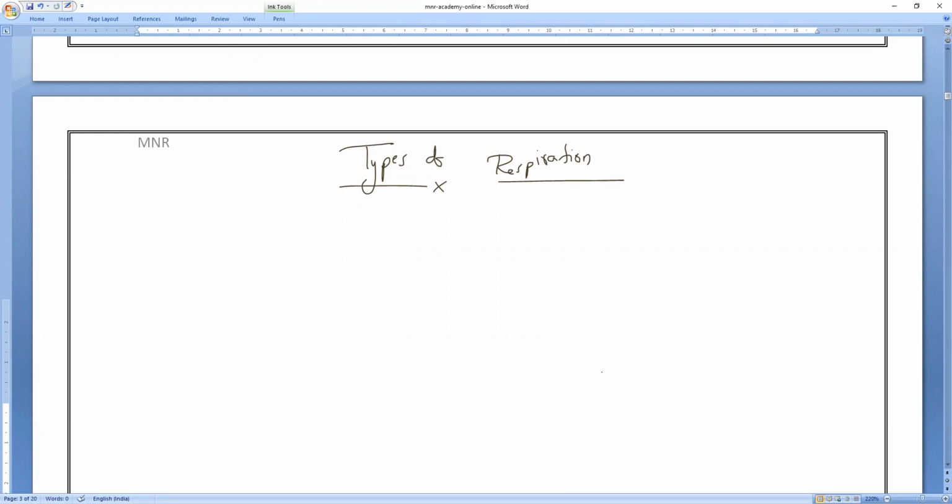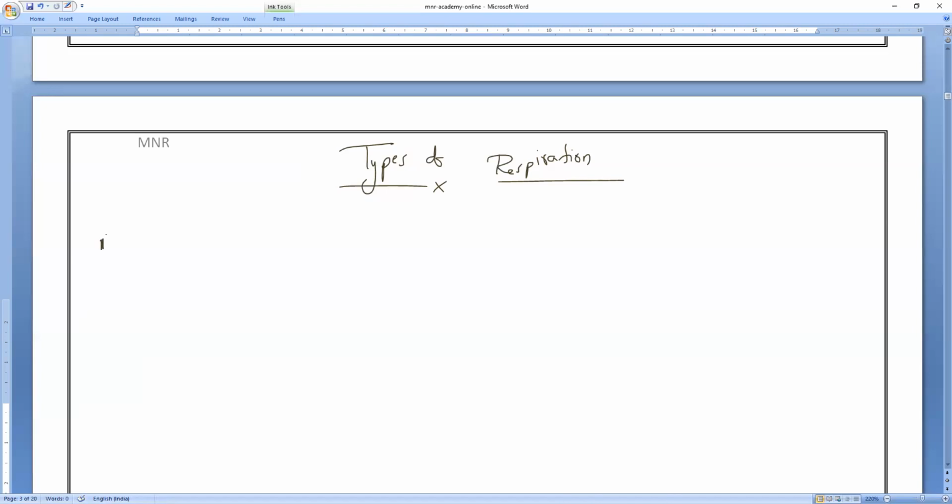So remember, oxidation of food to obtain energy occurs in the presence of oxygen as well as in the absence of oxygen. So based upon this, the types of respiration are two.